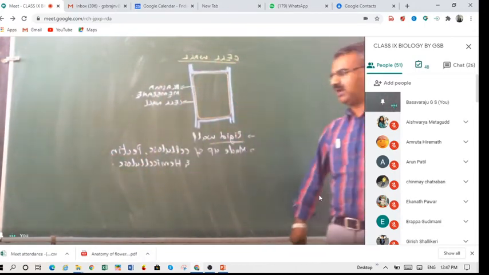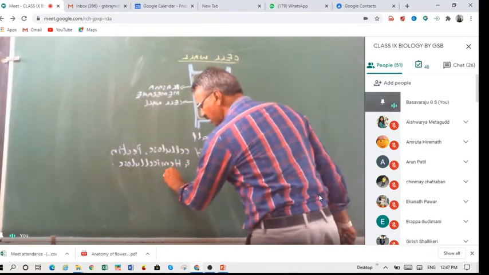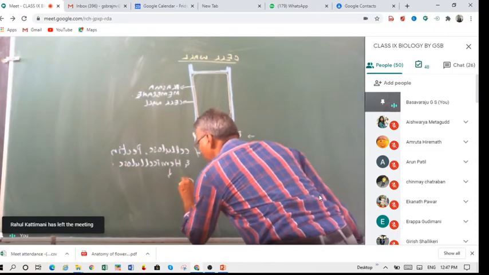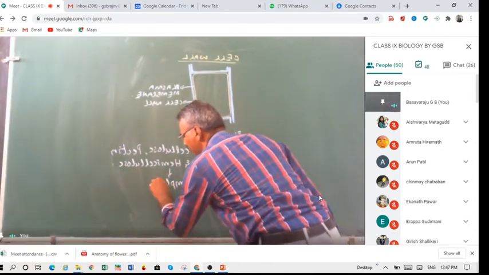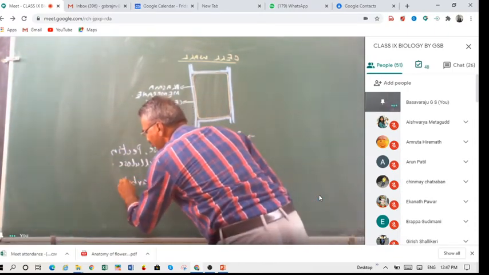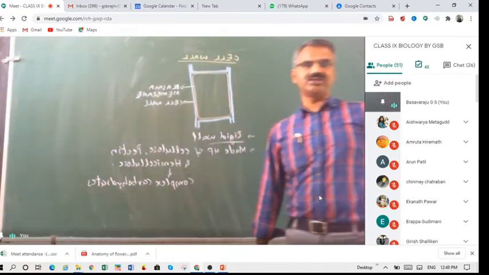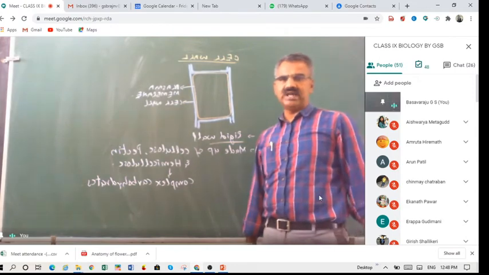And also hemicellulose. All the three are very complex carbohydrates. Very complex carbohydrates. So they are just like starch.